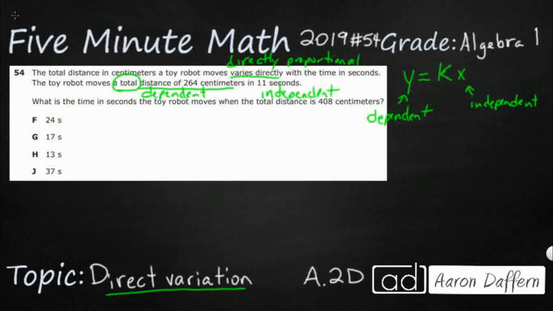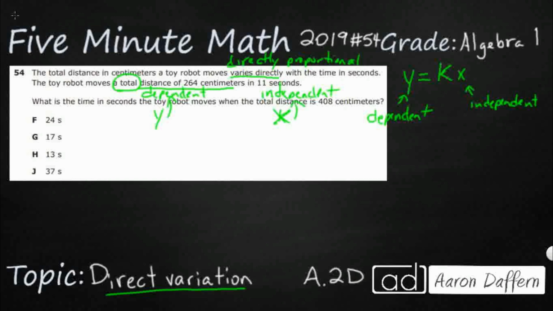You do something with the amount of time, that's the k that we don't know yet. And then the total is dependent upon how much input you put into it, how many seconds in this case. So this is going to be our y, this is going to be our k. We need to figure out the time in seconds. That's our x, not our k. We're looking for our k.